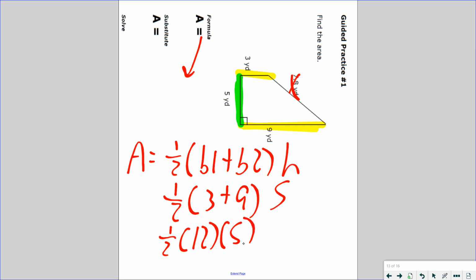And 12 times 5 is 60. What is half, or divide by 2, of 60? 60 divided by 2 is 30 square yards. Another way you could have done it is half of the B1 plus B2 is 6. 6 times 5 is 30.